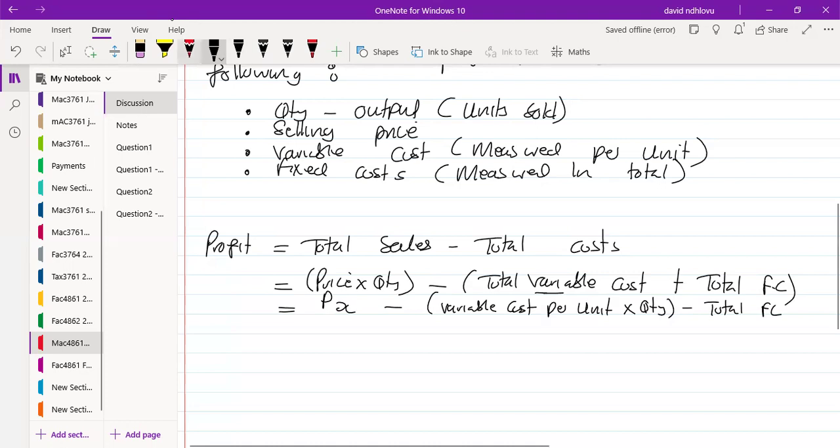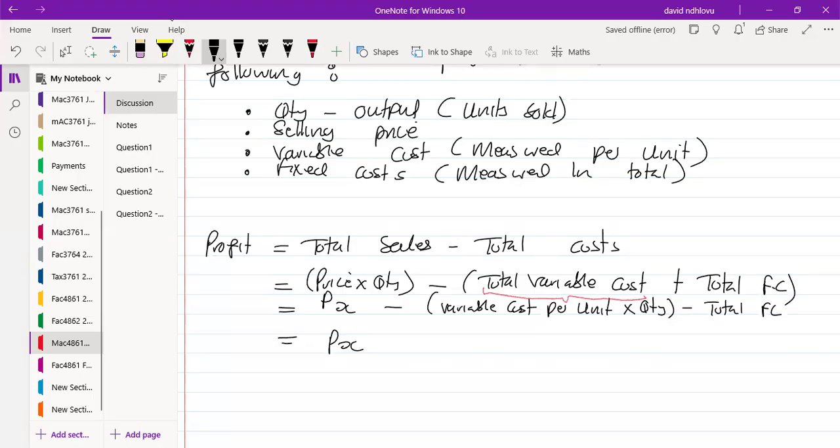I've just broken the variable cost here, and in bracket is your variable cost per unit multiplied by the quantity. So we can symbolize and say Px here.